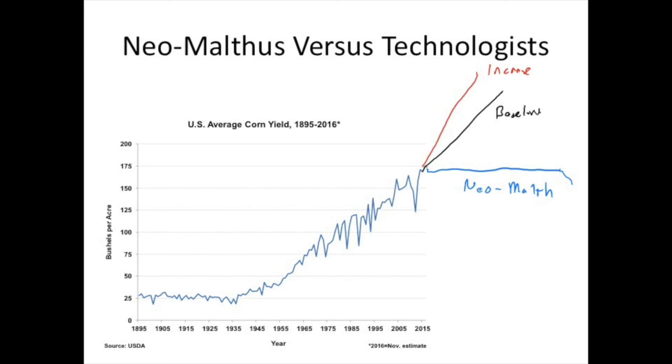Now, what is interesting about that is that no one knows. I mean, this is an argument that can take place forever. We will only know whether we are able to maintain the yield increases at their current level for the next 50 years after the 50 years are over.